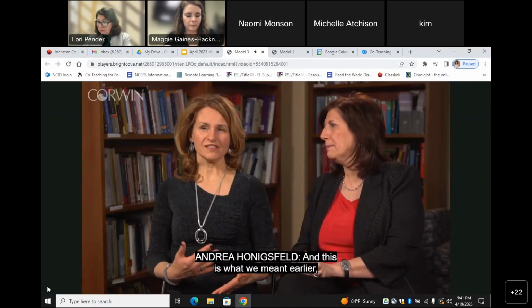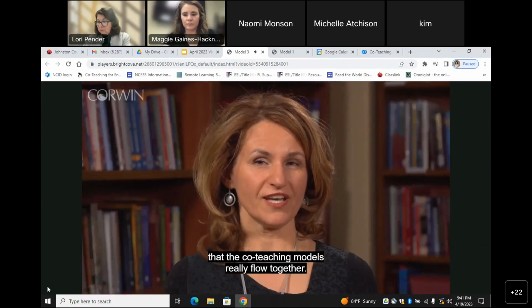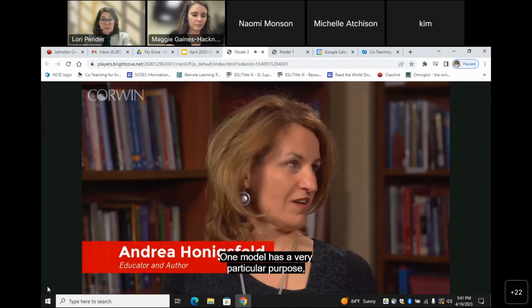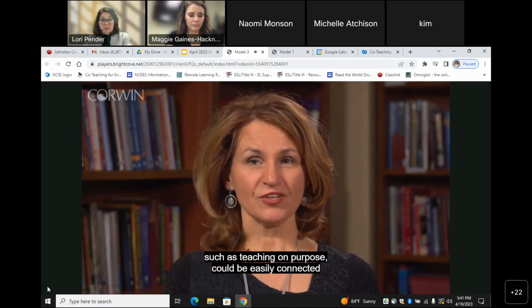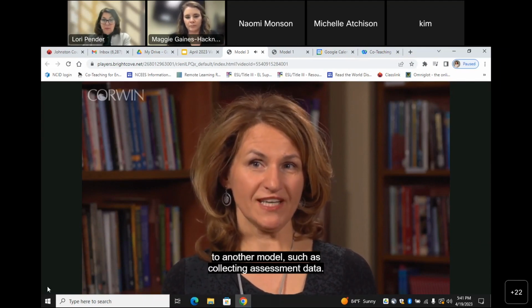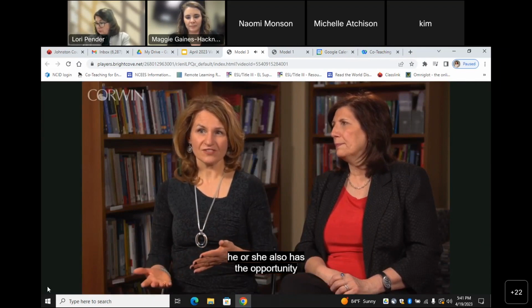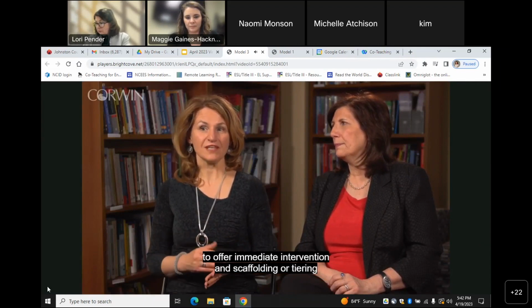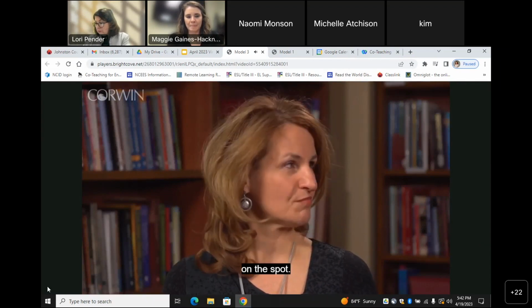And this is what we meant earlier, that the co-teaching models really flow together. One model has a very particular purpose, such as teaching on purpose, could be easily connected to another model, such as collecting assessment data. Or while one teacher is collecting assessment data, he or she also has the opportunity to offer immediate intervention and scaffolding or tiering on the spot.